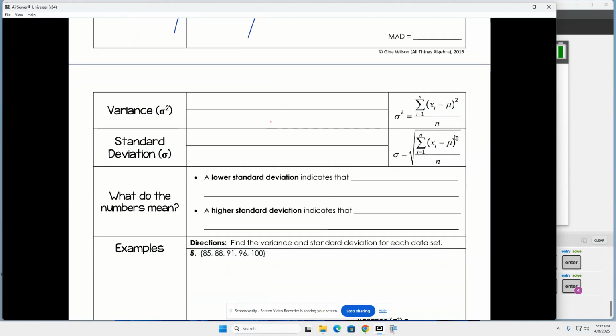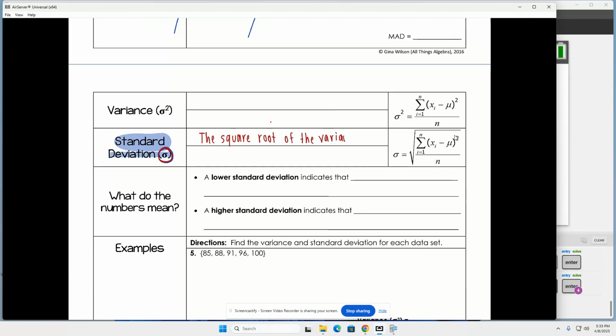And we start with standard deviation. Now, I know I'm skipping variance, but that's okay. I'll come back to it. Standard deviation is a value that our calculator gives, and here you see it right there, okay? That is our symbol for standard deviation. Now, what standard deviation is, it is the square root of the variance.